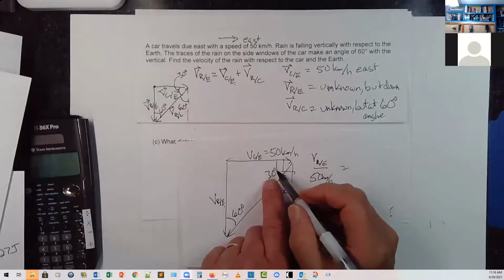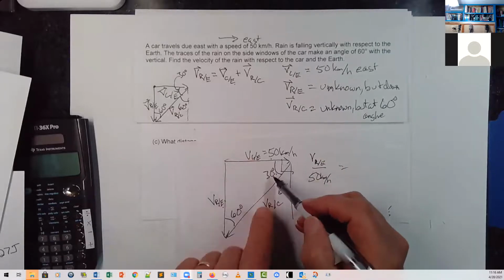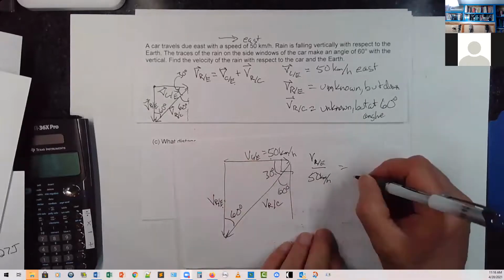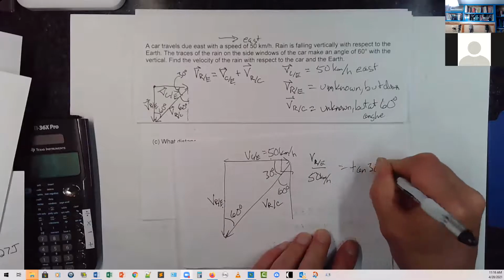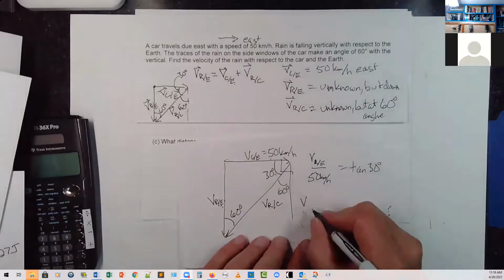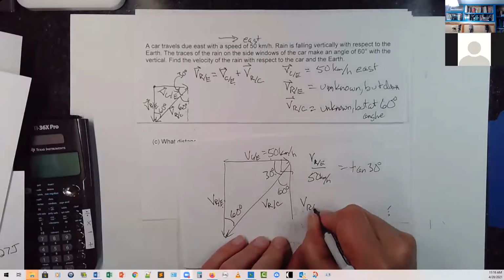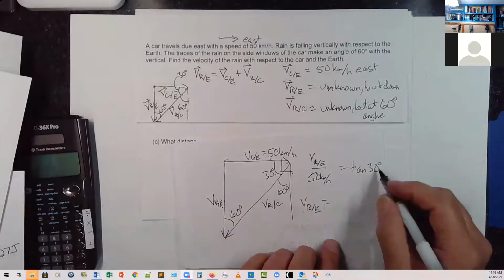Well, this is the side opposite. This is the side adjacent. Opposite over adjacent is tangent. So that's the tangent of 30 degrees. So the velocity of the rain with respect to the Earth is 50 kilometers per hour times tangent of 30.